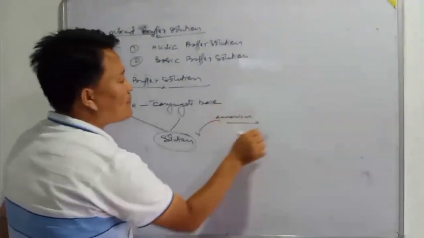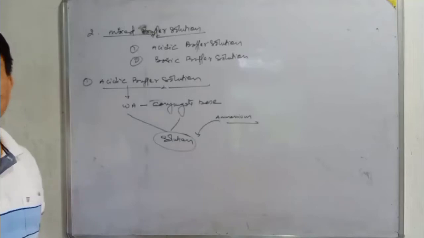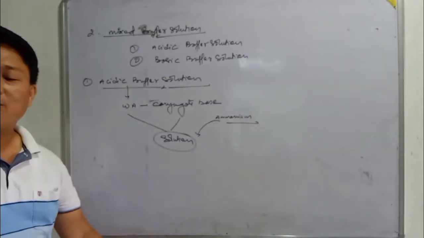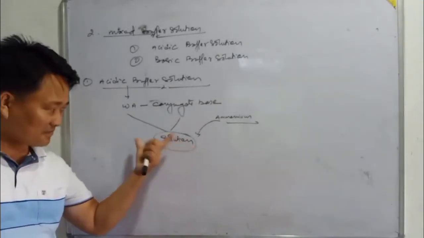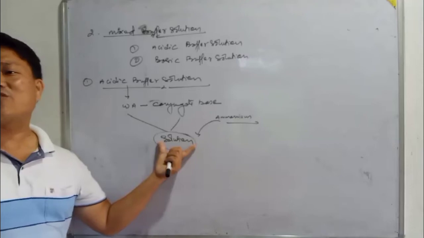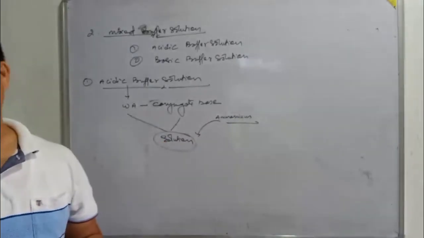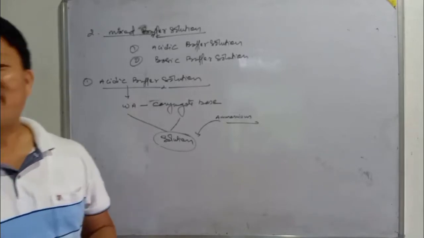Ammonia is a base. Then when a small amount of ammonia is put here, will its pH change? No, its pH will not change. Why? Because it is an acidic buffer. Acidic buffer solution means it tries to maintain the pH of acid only.